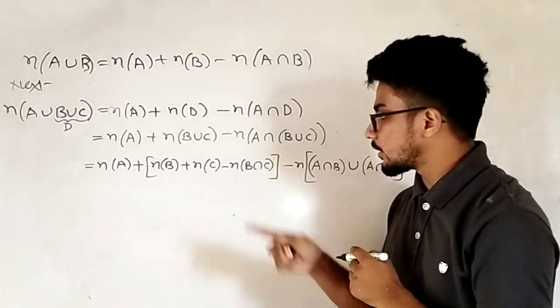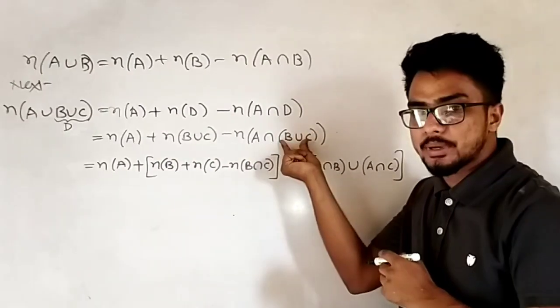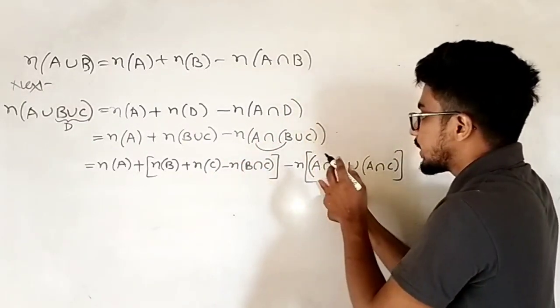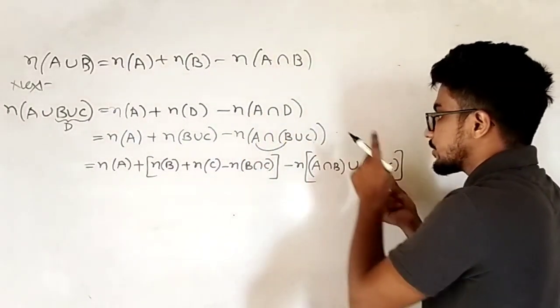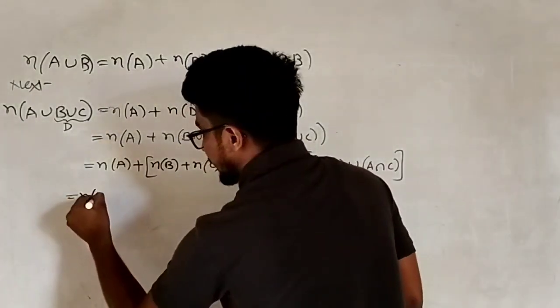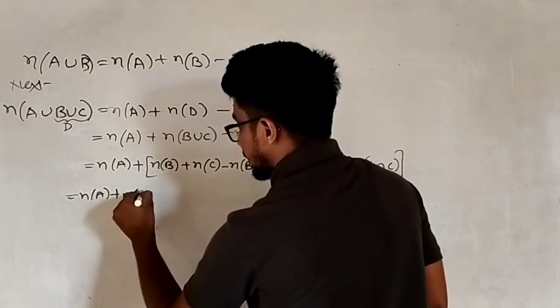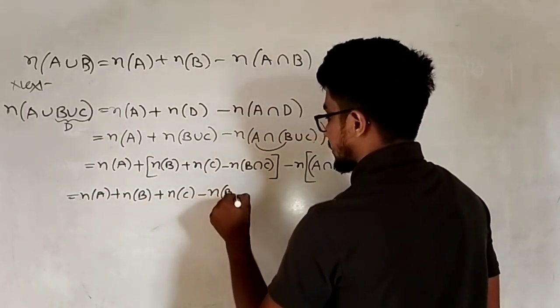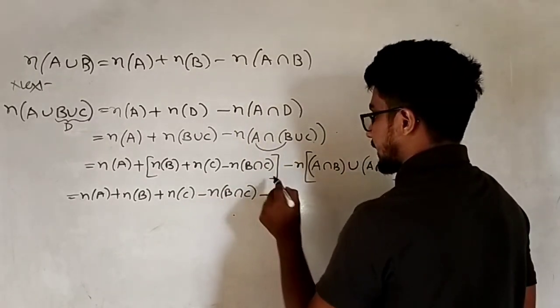Okay, distributive law. A intersection B union C can be broken as A intersection B union A intersection C. Now number of A plus number of B plus number of C minus number of B intersection C minus.